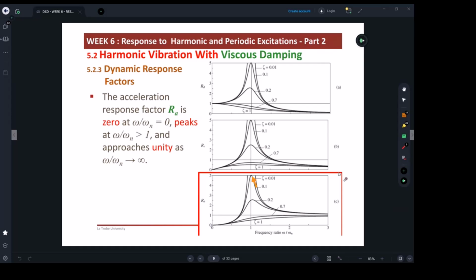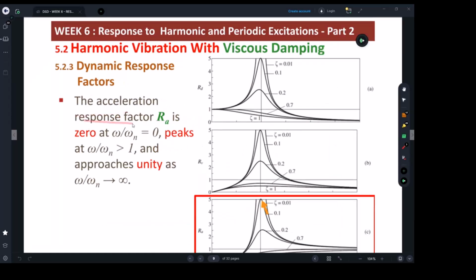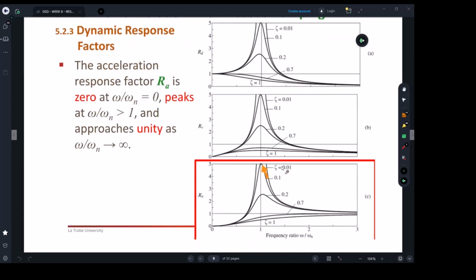So the last case we're looking at is the acceleration response factor. This one here, which is RA. As you can see from the graph, when your frequency ratio is 0, the RA will be 0, which is the same as the velocity.